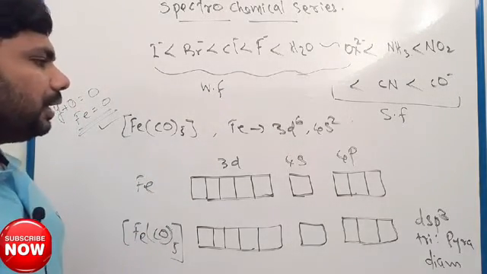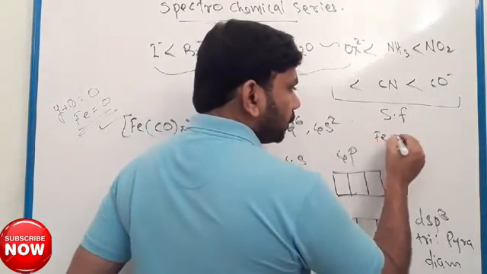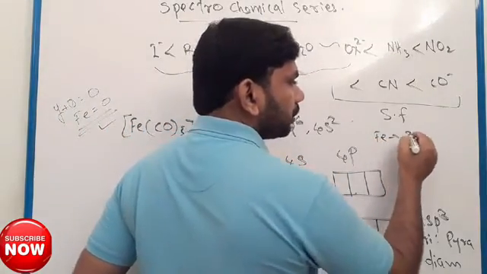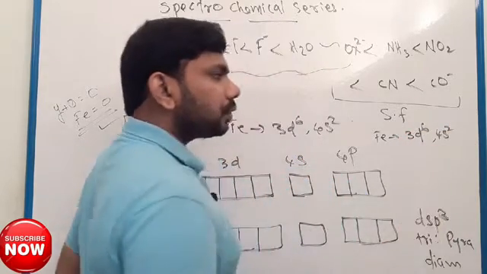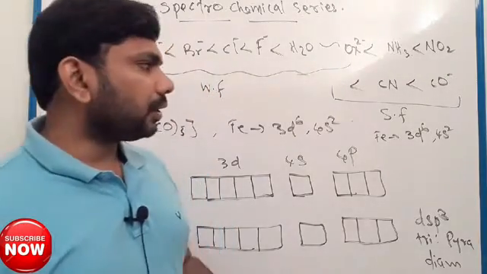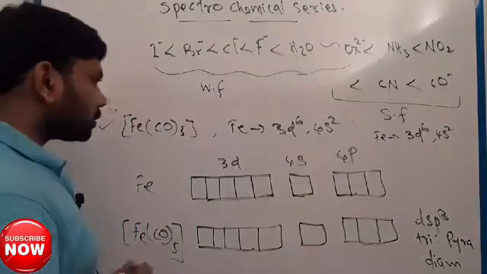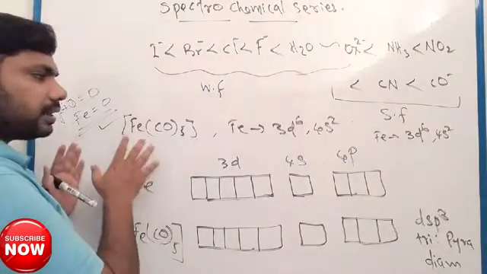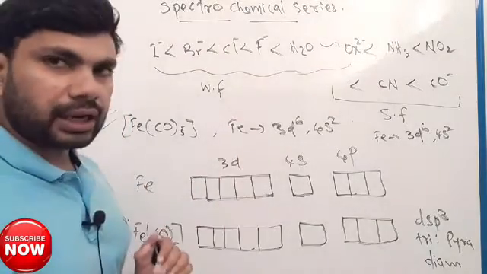We discussed before iron, atomic number 26, so the outer subshell electronic configuration is 3d6 4s2. Here iron is a neutral atom with no charge, so no need to remove electrons.